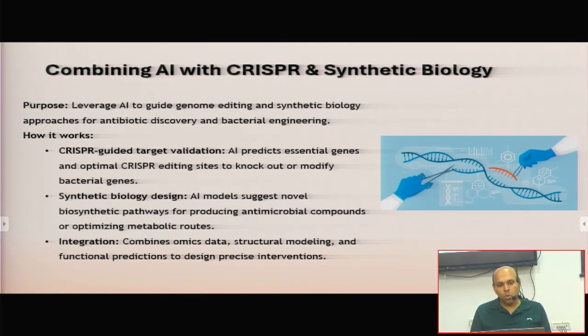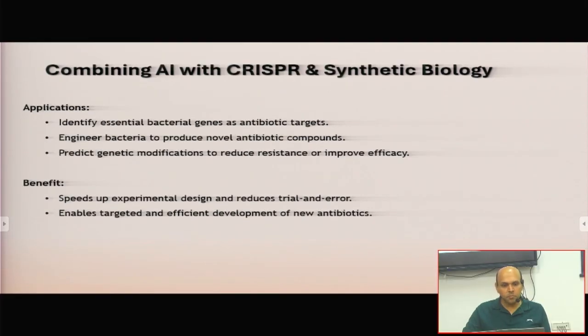Integration, so combining omics, structural modeling, and functional predictions to design precise interventions. Applications are: identifying essential bacterial genes as antibiotic targets, engineering bacteria to produce novel antibiotic compounds, which is what we need, and predicting genetic modifications to reduce resistance or improve efficacy.